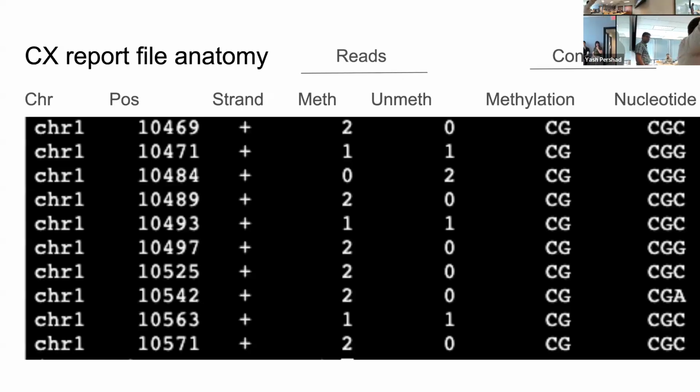This is a file for one sample. You're just going to concatenate that across all of your samples, combining the sites appropriately. And so then you're going to end up with a giant matrix of all of your CpG sites as rows and all of your samples as columns, a methylated counts matrix and an unmethylated counts matrix.